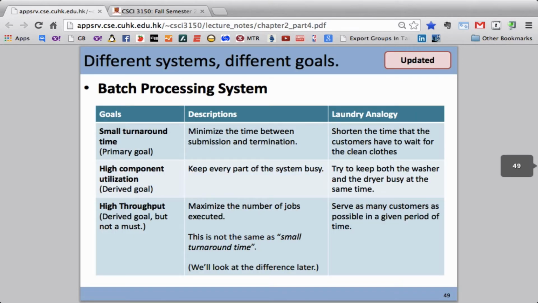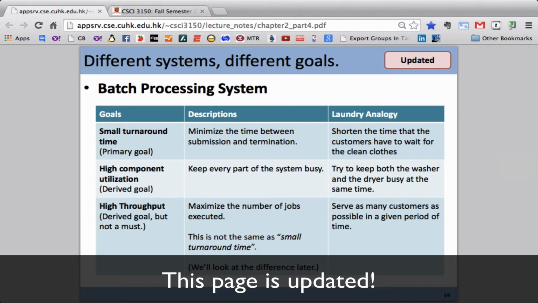So what are the goals or properties? First of all, turnaround time is the primary goal, and we want to minimize it. Minimize does not mean minimizing your CPU requirement; I cannot improve your program and make it shorter. What I can do is make a perfect schedule so that I can minimize it.